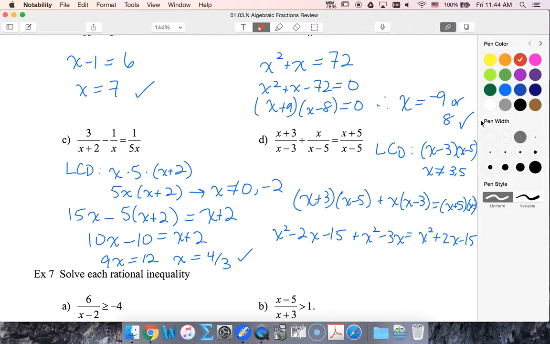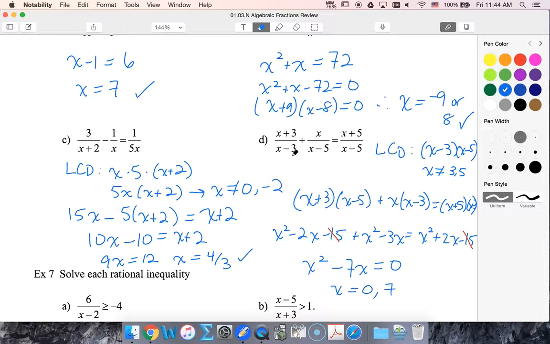Well, this is nice, my minus 15s will cancel, and then I will end up with 2x squared minus x squared is x squared, minus 5x minus 2x is minus 7x equals 0. Factoring this out, x is either 0 or 7. Notice 0 and 7 are both valid solutions.